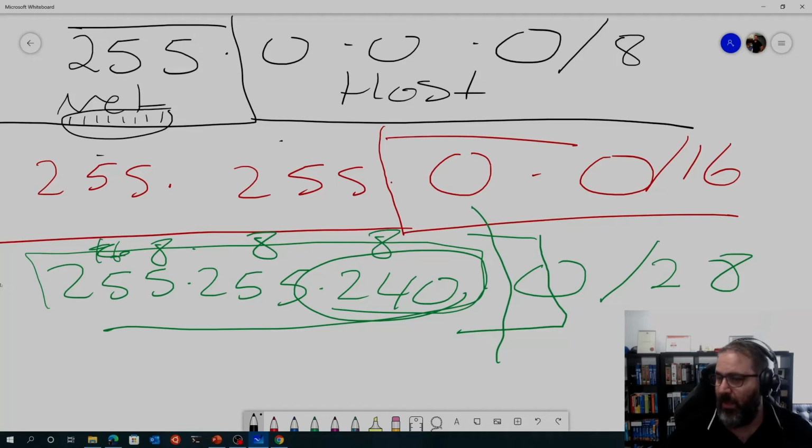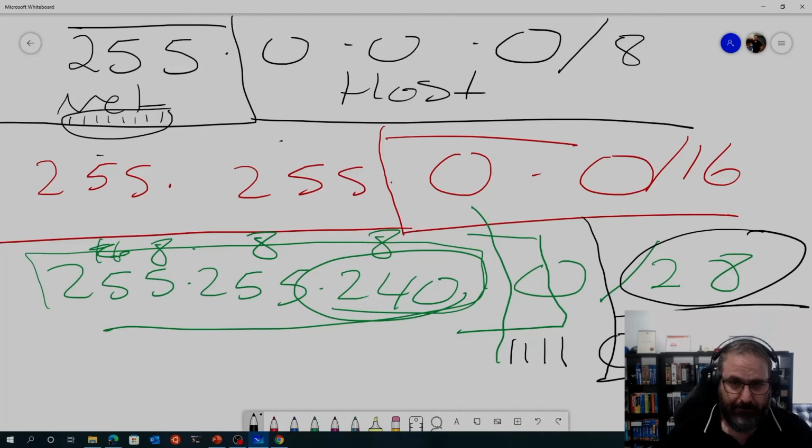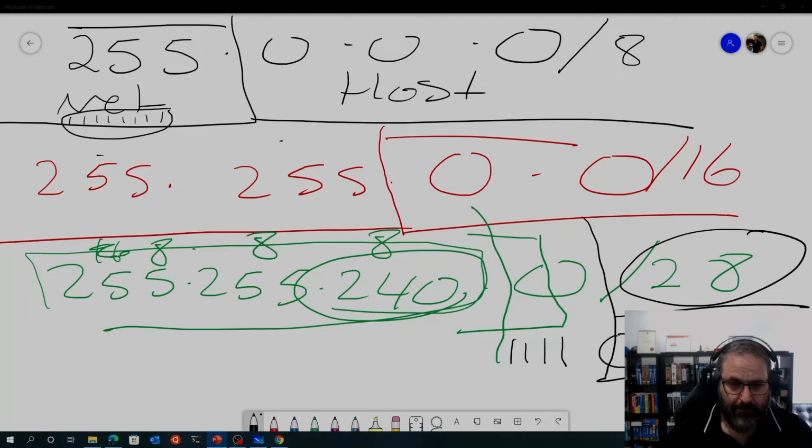Yes, we can. And we're going to steal 1, 2, 3, 4 bits. The last 4 bits are going to be host. Okay? So 8 plus 8 is 16. 16 plus 8 is 24. 24 plus 4 is 28. Okay? So we're getting the basics underneath. We're not experts yet. We're building this narrative here. We're building this storyline.